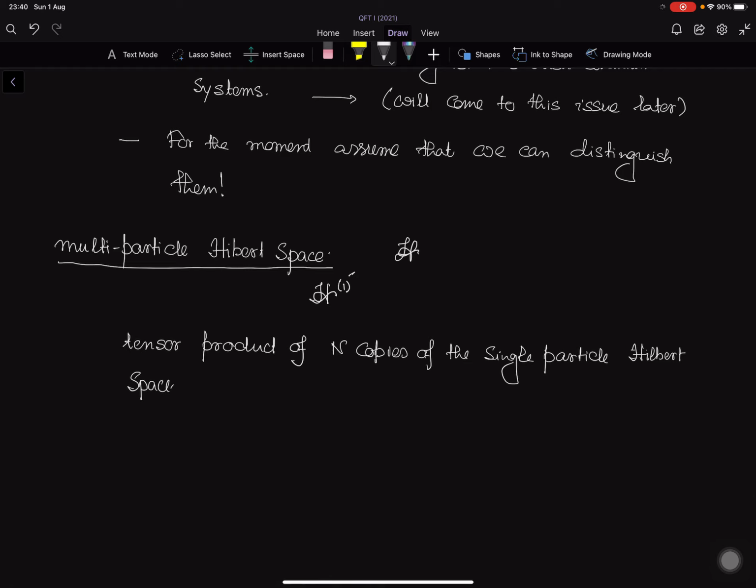Okay, so what I wanted to say is the n particle Hilbert space. Let's use this notation: the superscript says the number of particles, and the subscript is an index for the particle.